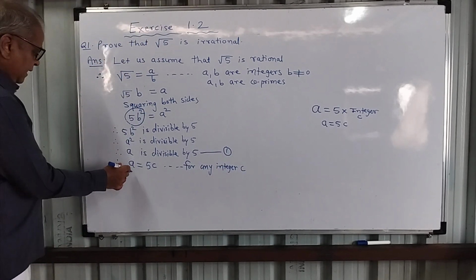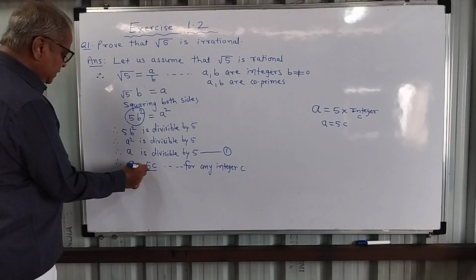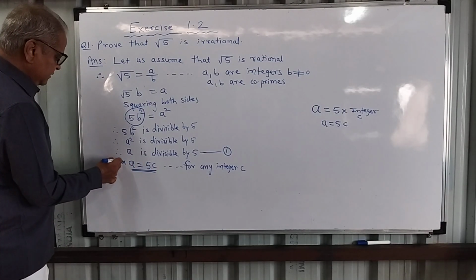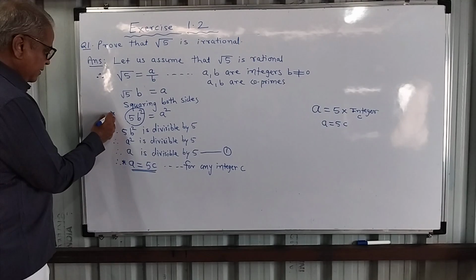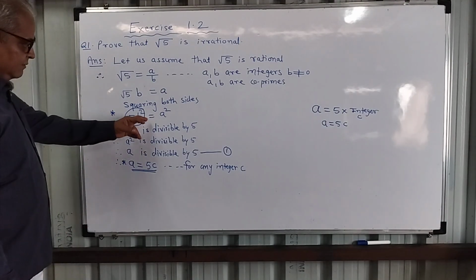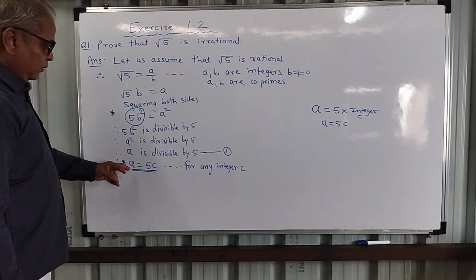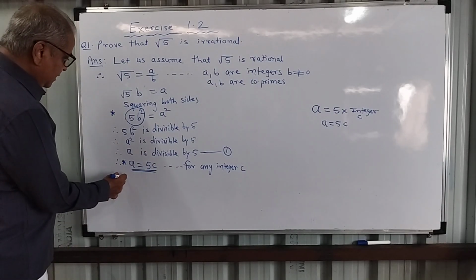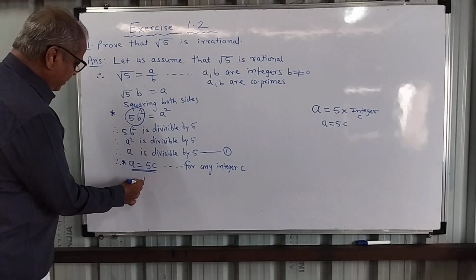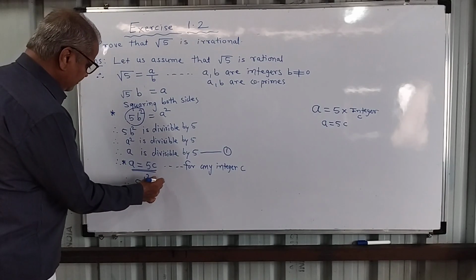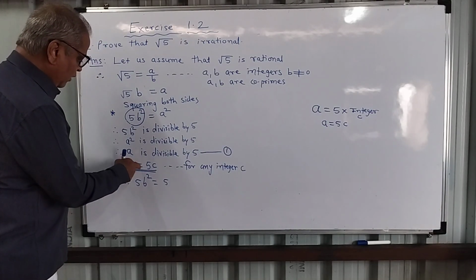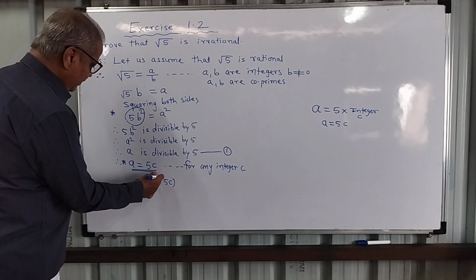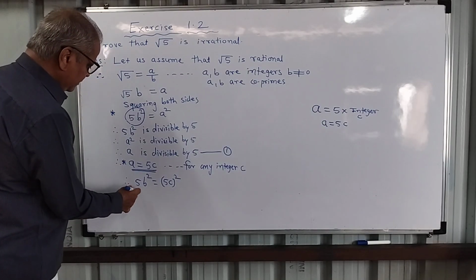Now the value of a is 5c. We will put this value here. 5b square is equals to a square. We will substitute a by 5c here. Therefore 5b square is equals to 5c, that is 5c bracket square.